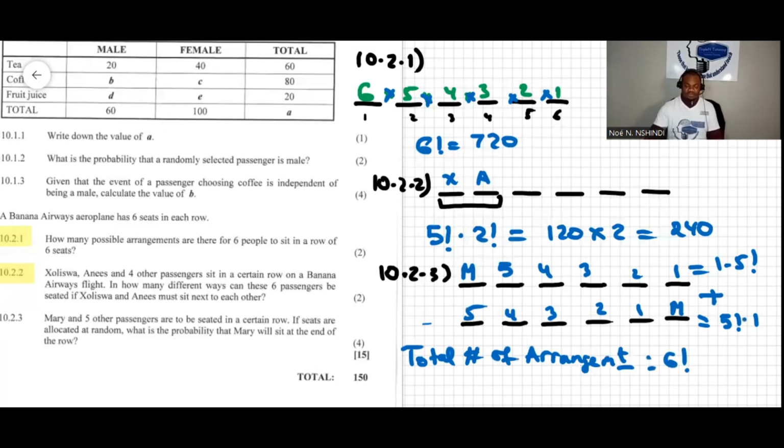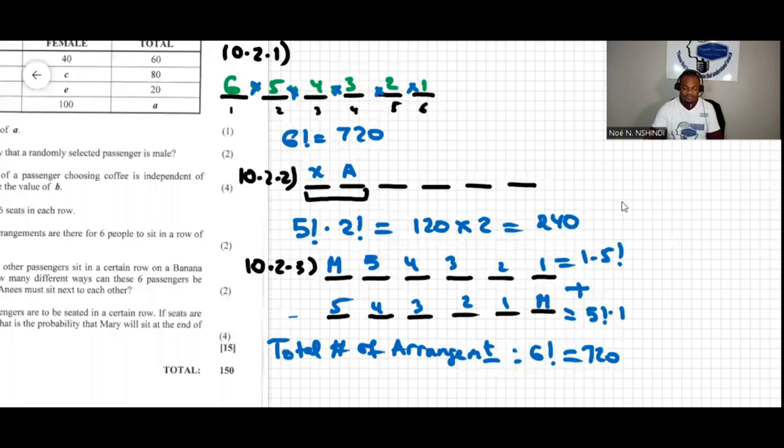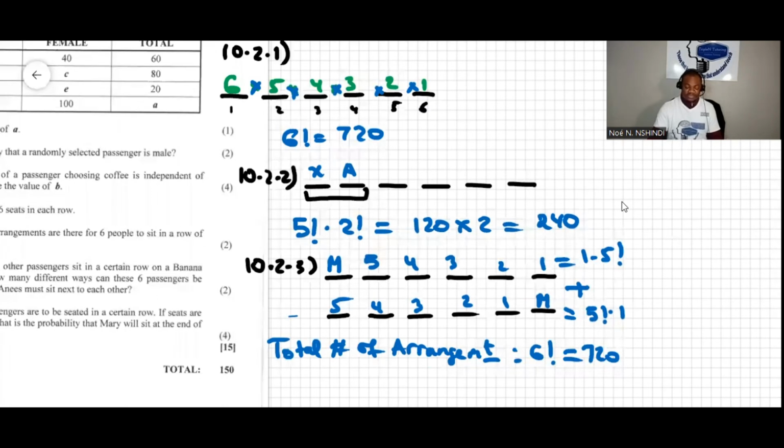That's what we did in question 10.2.1. 6 factorial is 720. And over here, 5 factorial is 5 times 4 times 3 times 2 times 1. 5 times 4 is 20, 60, 120. So 120 here, 120 times 1 is 120, and that also 120.